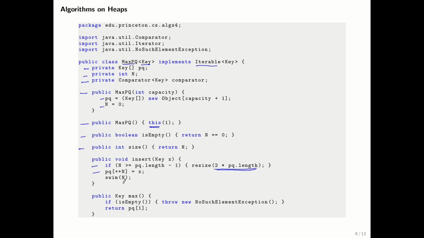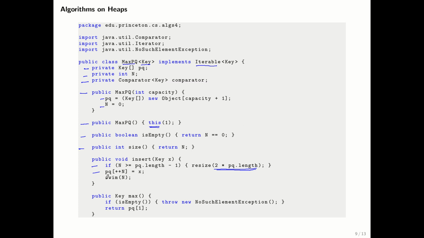Okay, and then we say insert the item x at the index ++n. So we first increment n by 1. So notice it's a pre-increment, and then at that index we store the key x. Right? So the very first time when you make a call to insert, notice that n was initialized to 0, and we don't want to store anything at 0.